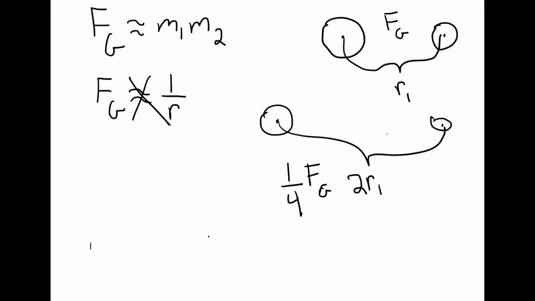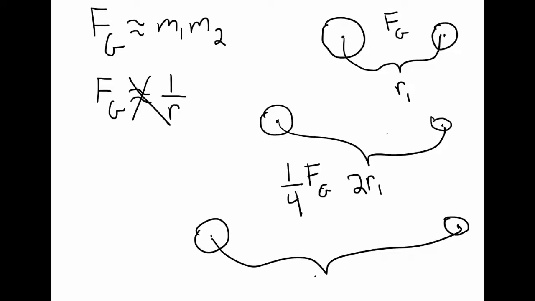Let's say you move the distance between the two objects 3 times the original distance, 3 times r1. You actually notice that the gravitational force between the two objects went down to 1/9. This gives the idea that it's related to the inverse square.